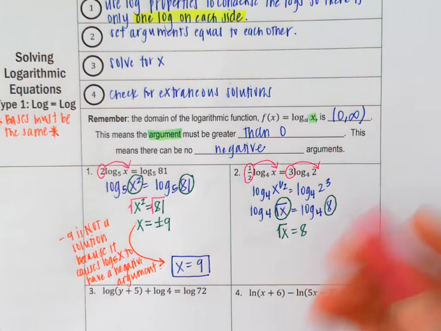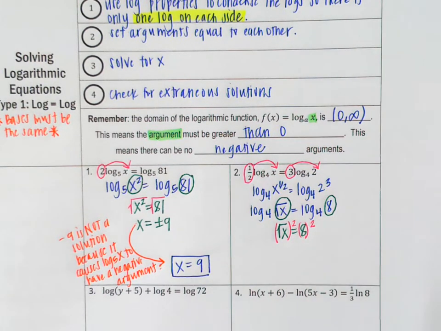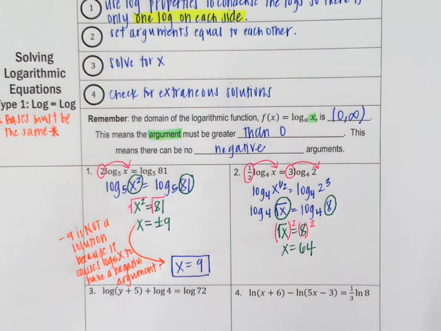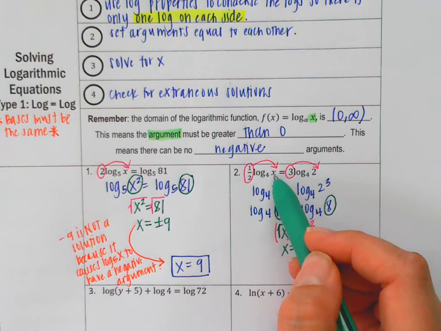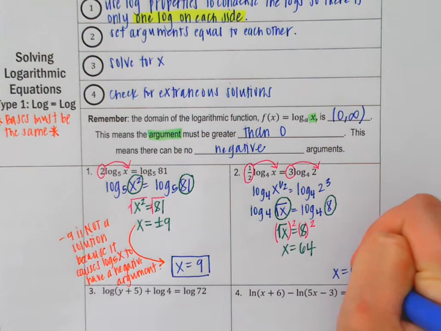To undo the square root, I'm going to square both sides. And that gets me x equals 64. I need to double check, does that make any of my arguments negative? Positive 64 isn't going to make anything negative, so that is my answer. X equals 64.